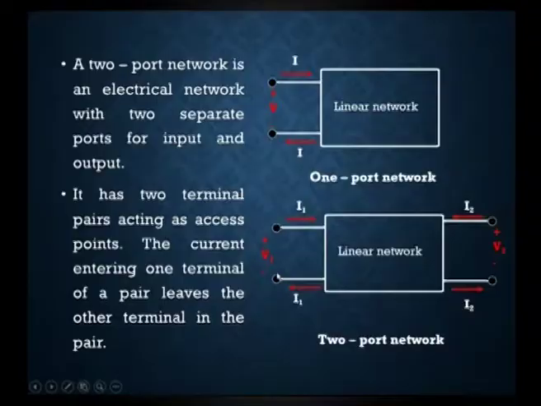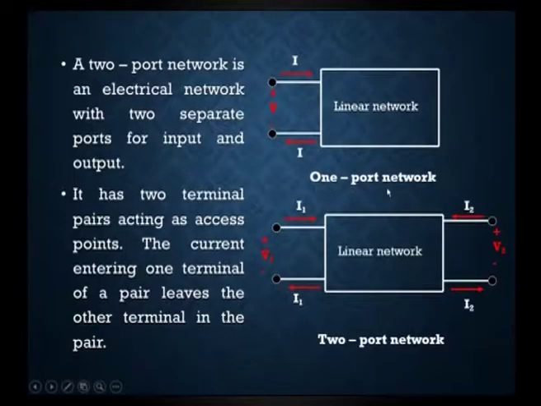It has two terminal pairs acting as access points. Also the current entering one terminal of a pair leaves the other terminal in the pair. So this is one port, this is another port, that is why it is called two port. Current is entering in this and leaving in this terminal.